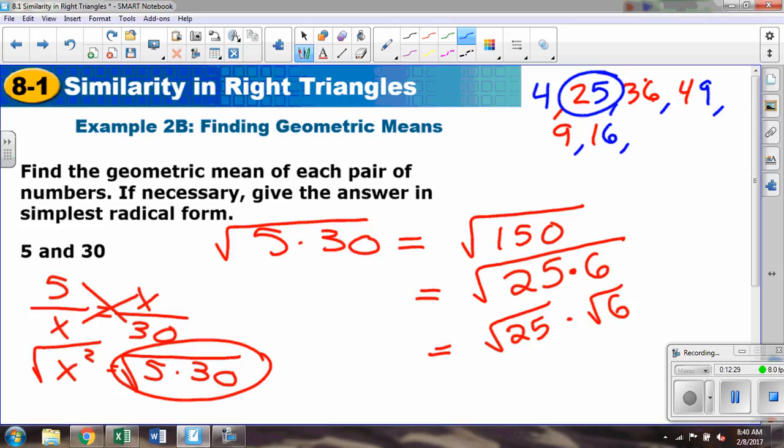And this is exactly why we were searching for the perfect squares, because the square root of 25 is something that we know. It's just 5. And so we wind up with our simplest radical form, 5 times the square root of 6, and we're done.